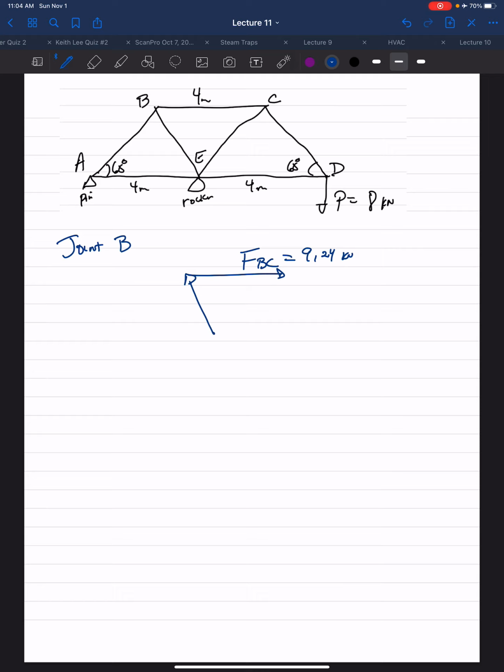We have our FBE, which is unknown, and our FAB, which is unknown. This angle is 60 degrees. This angle is 60 degrees. So we have one known, 2 unknowns we can solve.